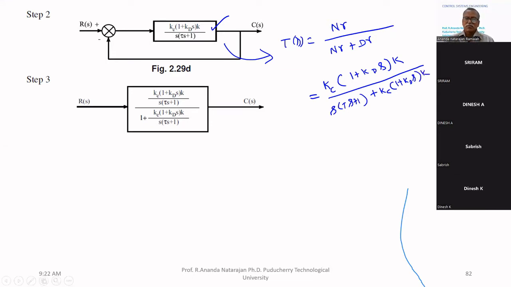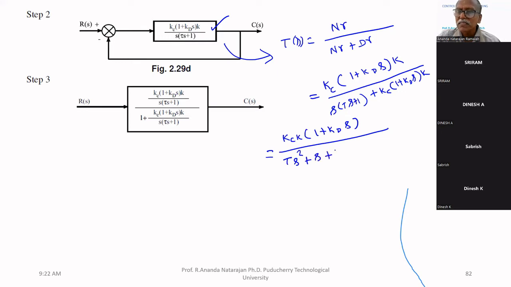This is the closed loop transfer function. If you simplify further, what you will get is Kc K (1 plus KdS) upon tau s square plus s plus Kc K plus Kc K Kd s.